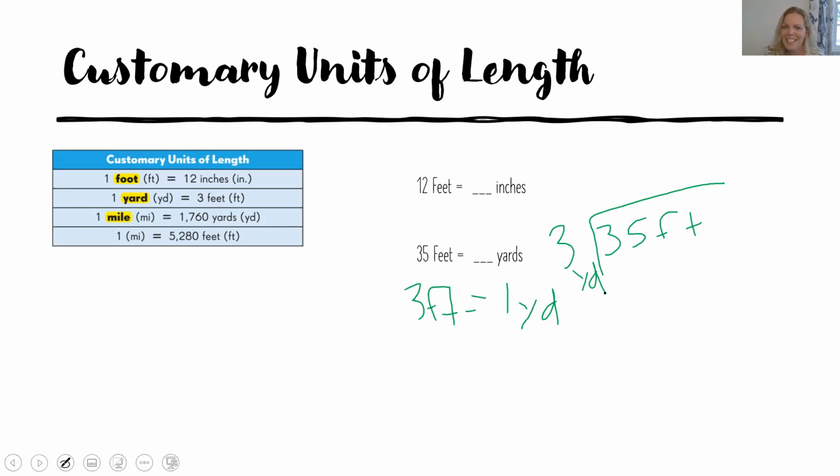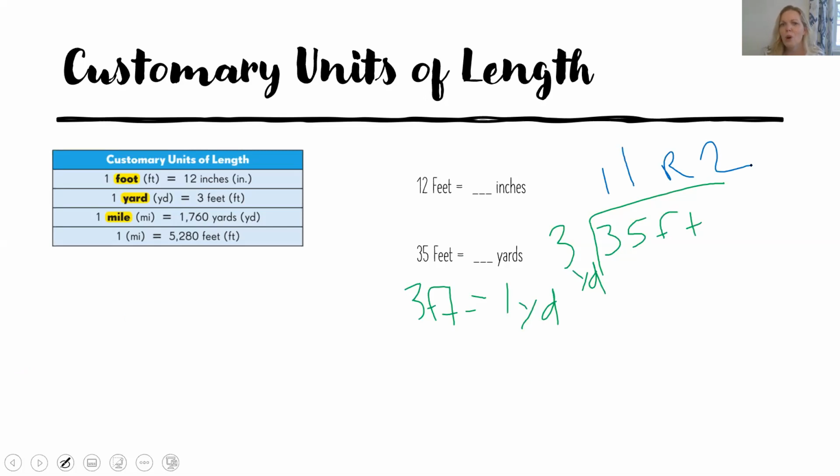Does that make sense? So if I did the math of that, this is going to be a tricky one. I'm not going to do all my long division because I did solve previously. That would give me 11. But there's some left over. It actually has a remainder of 2. So what does that remainder mean?